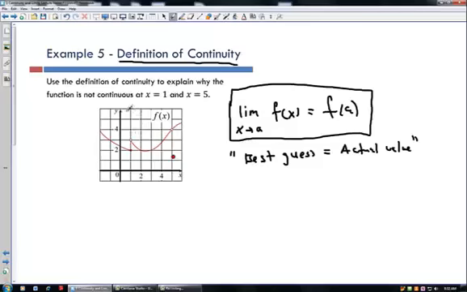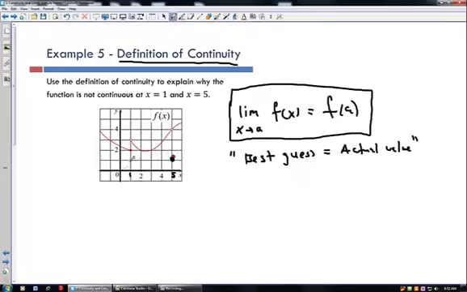Now I know that this function is not continuous at 1 and 5. It's the problem we just did before. I know it's not continuous there because I have a jump here, and here I have a hole. Down here I'm not filling in the hole, but I have it defined down here, and this is supposed to be at height 1, although it's not.